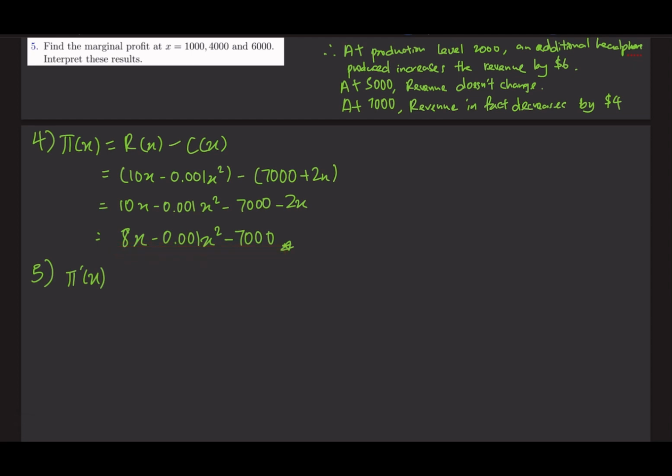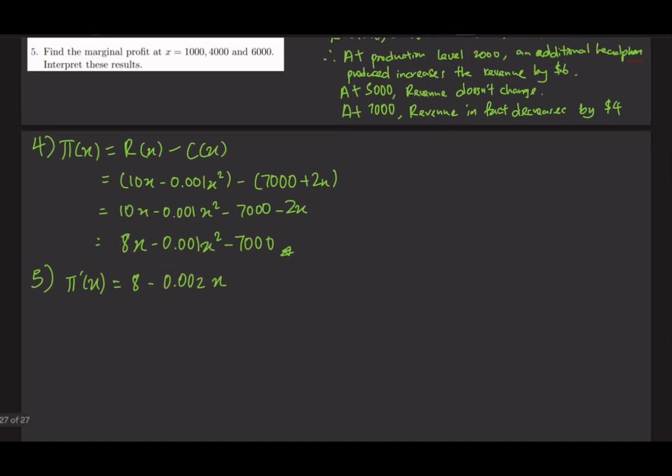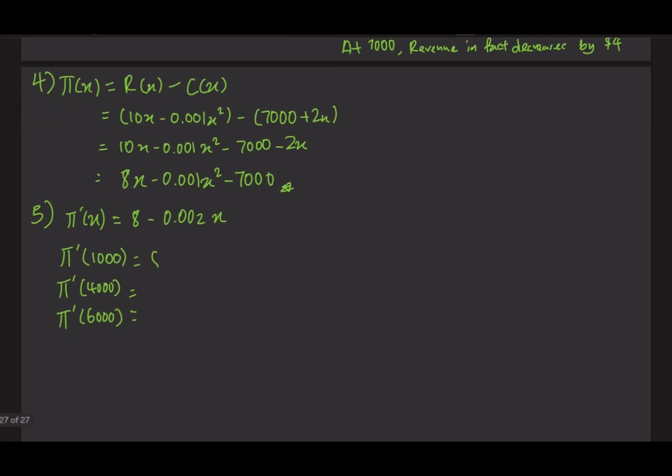We will get 8 minus 0.002x, and the marginal profit at 1,000, 4,000, 6,000, we can just input. Alright.